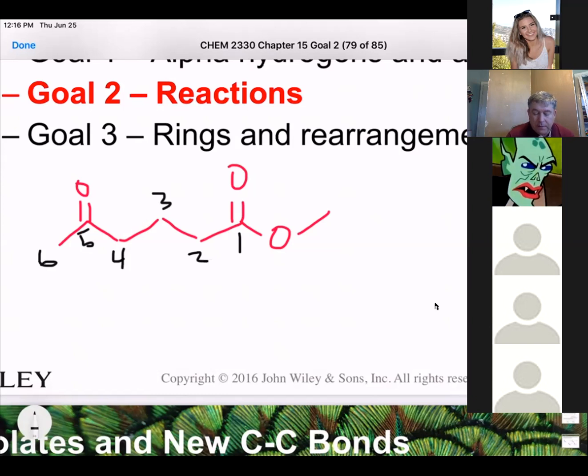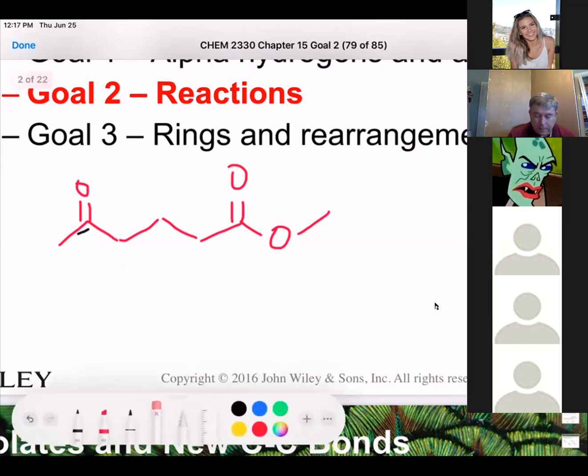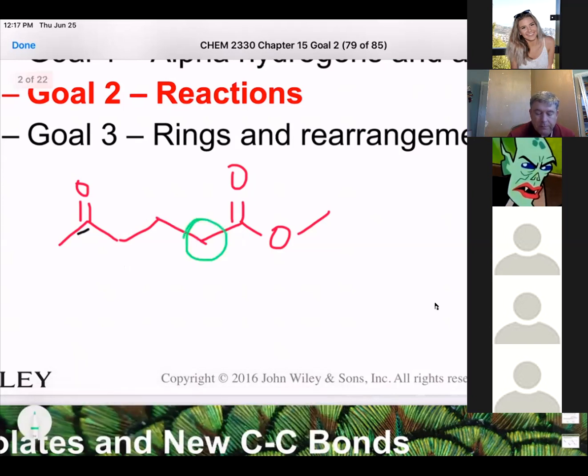So the first thing we have to do is identify the 3 places we can remove them. We can remove them from this carbon because it's next to the carbonyl, we can remove them from this carbon because it's next to the carbonyl, and we can remove them from this carbon.